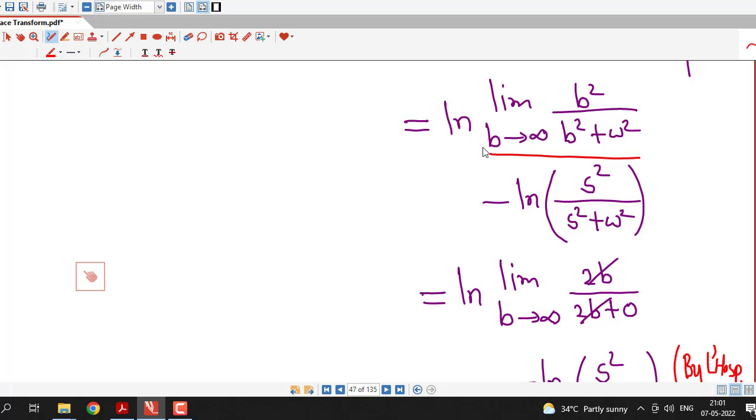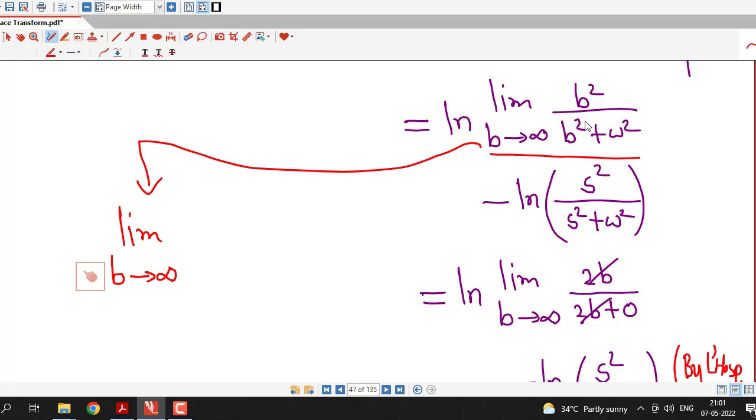Now if we don't want to use L'Hospital rule, we can find the limit without it also. For that we divide numerator and denominator by b square. If I divide b square by b square, I will have 1, and if I divide b square plus omega square by b square, then I will have 1 plus omega square divided by b square.